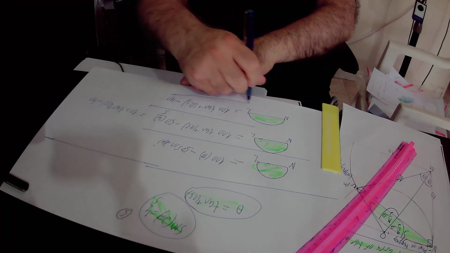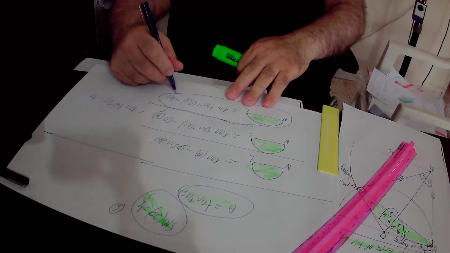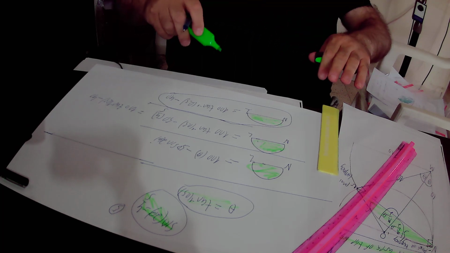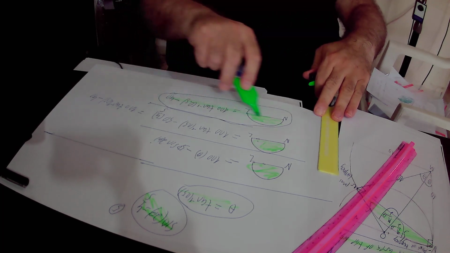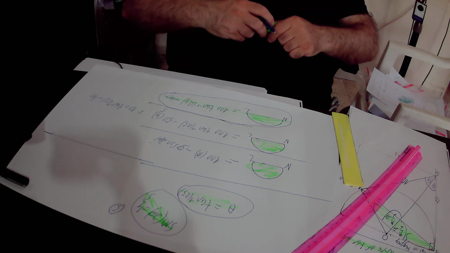Okay, we finished with the upper circular segment. In the next step, we'll find the area of the lower circular segment, and then we will add the two areas together. This will give us the area of the big lens.